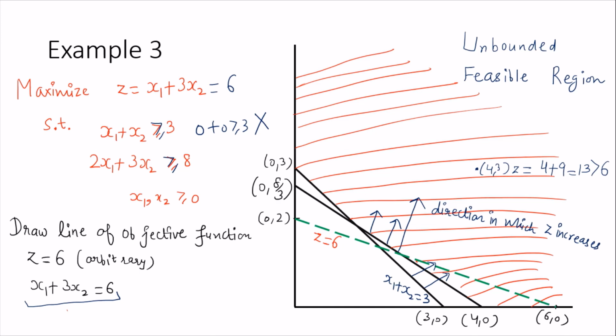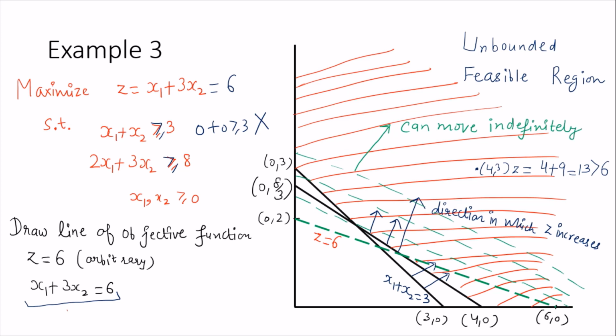After identifying this direction, you virtually move this line parallel to itself in the direction in which z increases and try to find a stopping point. Here I can see this line can be moved indefinitely parallel to itself, because there is no stopping point in that direction as the feasible region is unbounded.